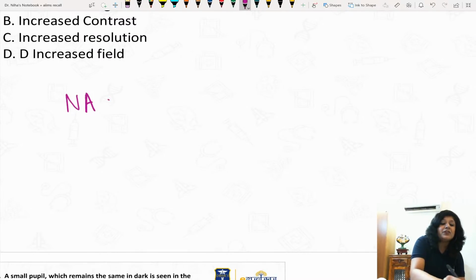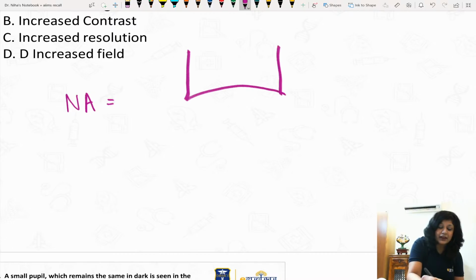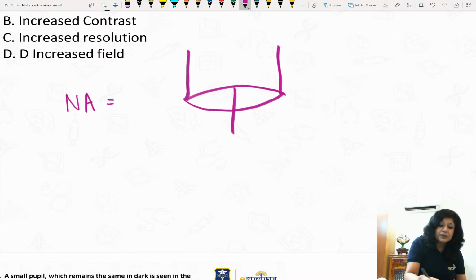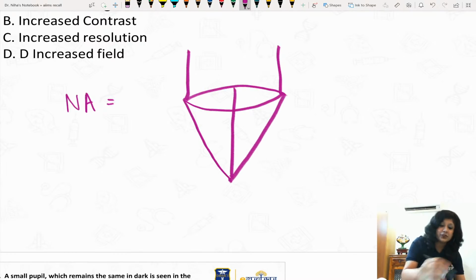Numerical aperture means, suppose this is the objective of the lens, and this is your numerical aperture. So when the light is passing into the microscope and you are seeing it, it forms a cone-like structure, like an inverted cone like this. So light is coming like this, light is coming like this.